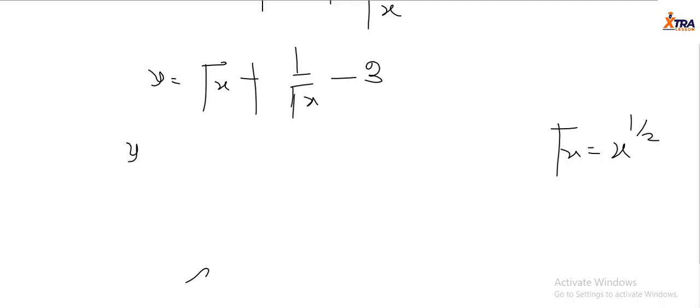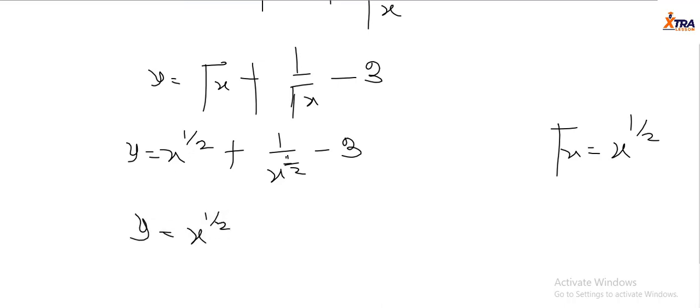So we have y equals x to the power 1 over 2 plus 1 over x to the power 1 over 2 minus 3. Now we have y equals x to the power 1 over 2, these two in index form, plus x to the power minus 1 over 2 minus 3.